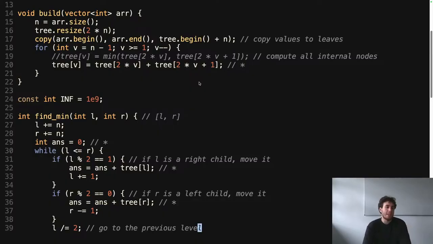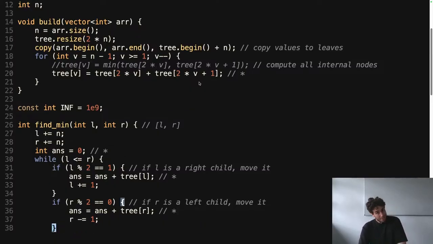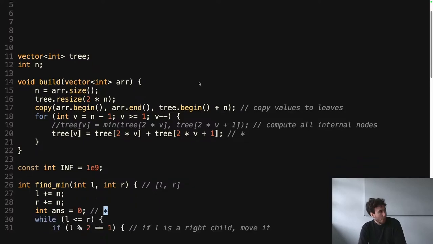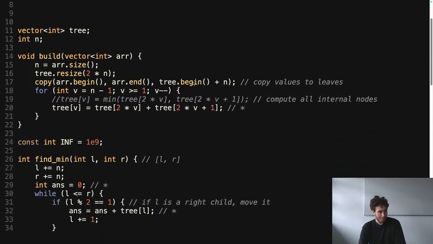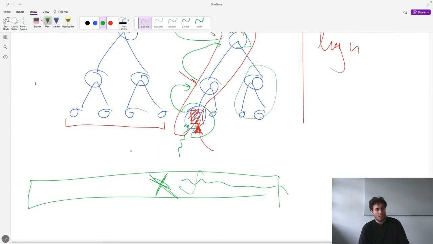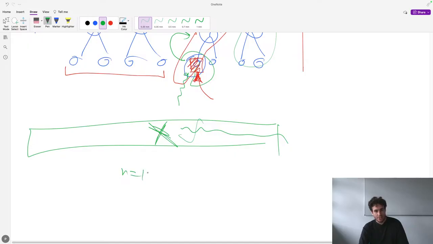And you can do it with many operations. One important thing to keep in mind, the same way as with prefix sums, if you store sums on segments, you could get overflow, right? Because you have n elements, each one of them is 10 to the 9. Okay, n is 10 to the 5.